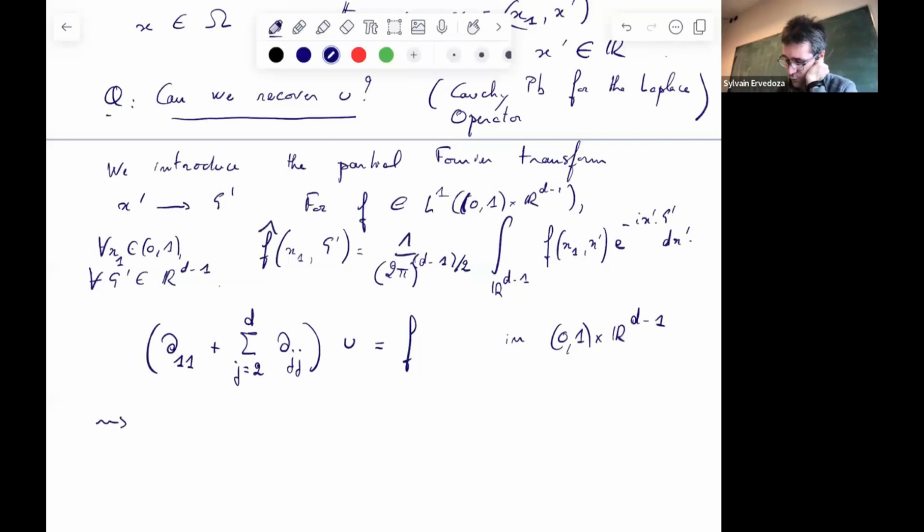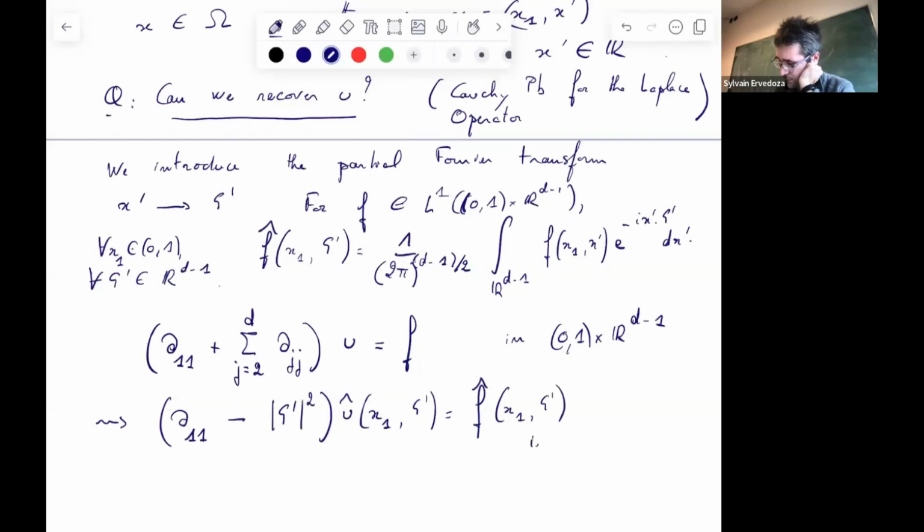After the Fourier transform, it will give you (d_11 minus |psi'|^2) of u hat(x_1, psi') equals f hat(x_1, psi') in (0,1) cross R^(d-1).